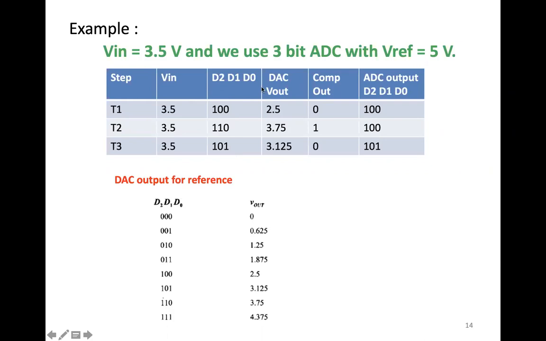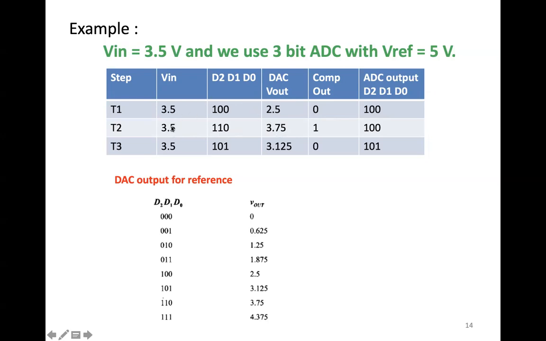In this comparison, we see that the value of Vin is greater than the DAC output, right? So the output is going to be 0, which means it is going to retain the same thing.